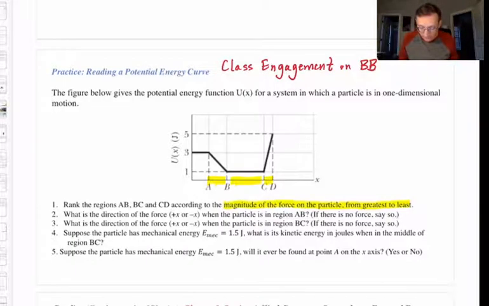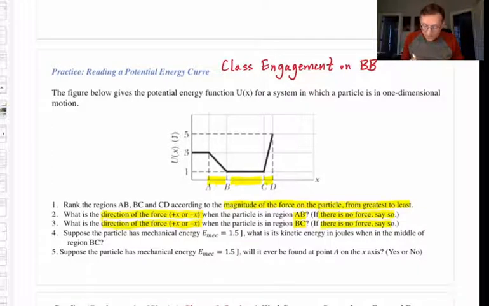That's question 1. Question 2, what is the direction of the force, plus x or negative x, when the particle is in region AB? If the force is 0, then just say the force is 0. Question 3, what is the direction of the force, plus x or negative x, when the particle is in region BC? If the force is 0, just say that.